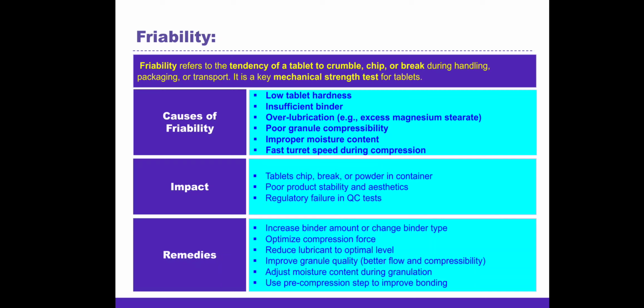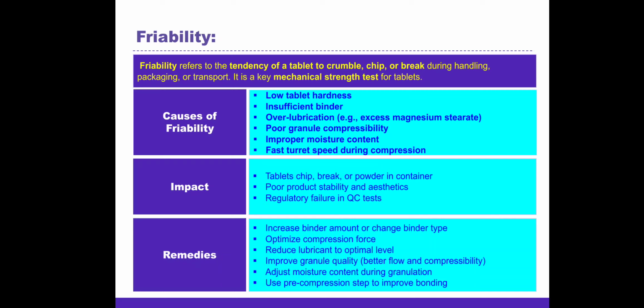Next one, improve granule quality, better flow and compressibility. This particular remedy is related to the process. If we are controlling the process and maintaining all the parameters within the limit, then we can achieve it properly. Adjust moisture content during granulation.